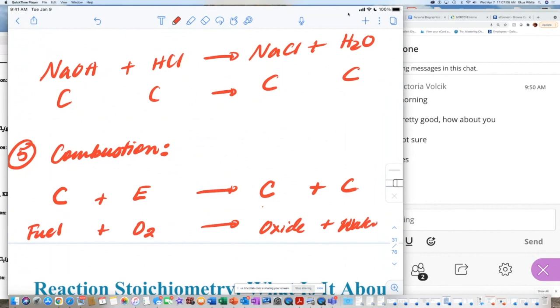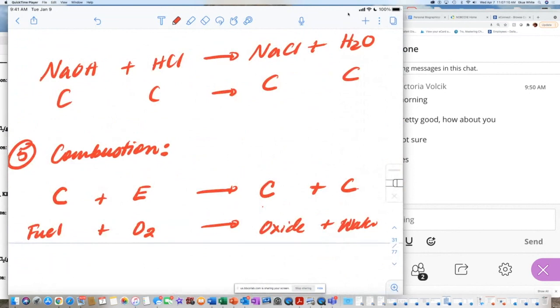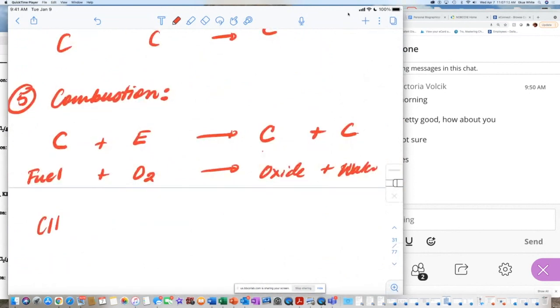Water. So let me give you an actual example based on something that we already covered. Here, let's say we have CH4. The fuel tends to have this format, CxHy. It can have other formulas similar to that, but it has that format in the formula. So like CH4, the x and the y could be different numbers, right? So you see how it's similar to that format? And then plus oxygen.